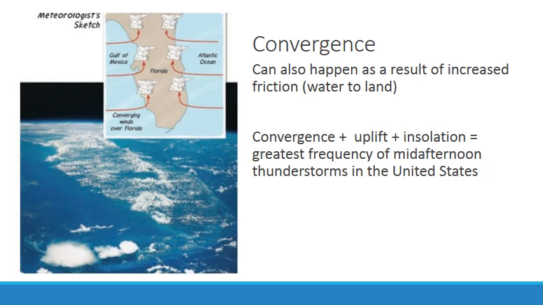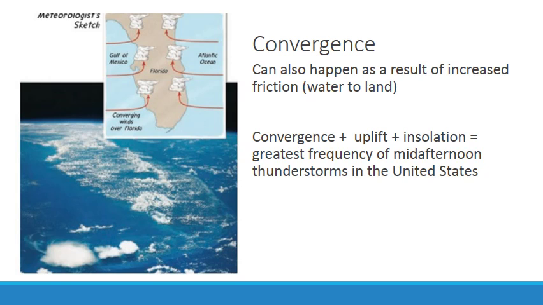So the result is a big pileup of air, convergence. When air converges, there's an upward flow of air molecules rather than just squeezing them together. So it's not like people trying to cram into an elevator. These are small enough, light enough things that they all just kind of pile up.